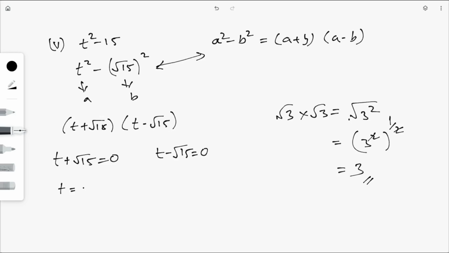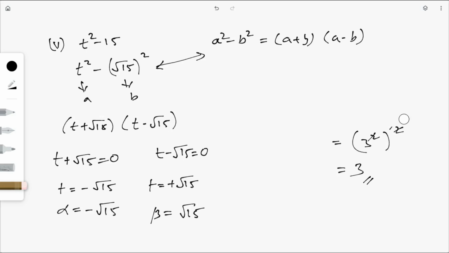Then you will get t is equal to minus root 15 and t is equal to plus root 15. So that is my first root alpha, minus root 15, and the second root beta, plus root 15. So you got two zeros here, alpha and beta.